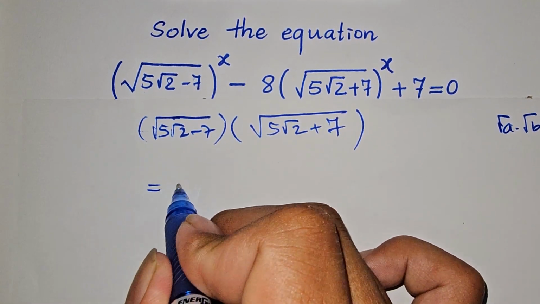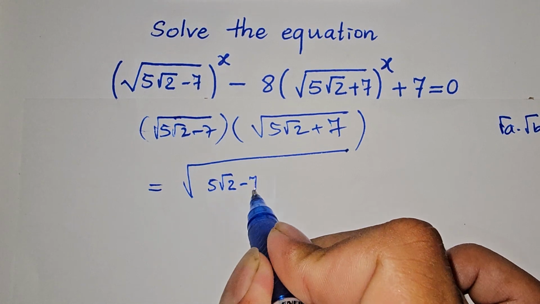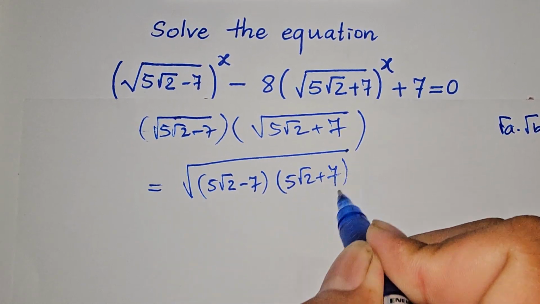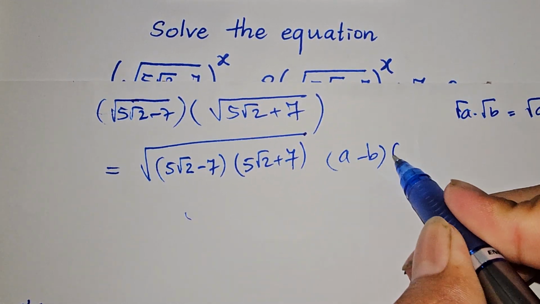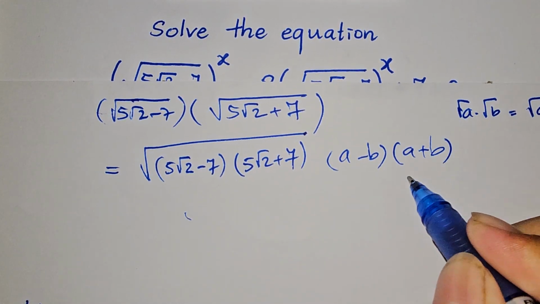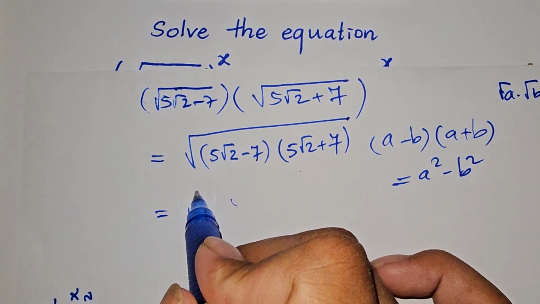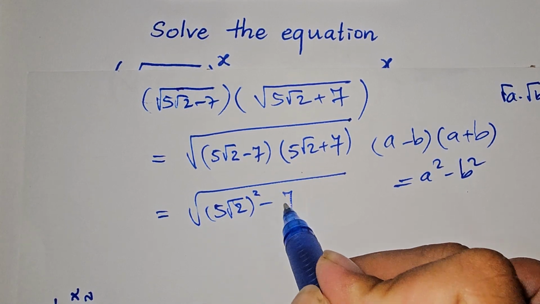So here we get the square root of (5√2 − 1) times (5√2 + 1). Here we use the formula (a − b)(a + b) equals a² − b². So here we get the square root of (5√2)² minus 1².